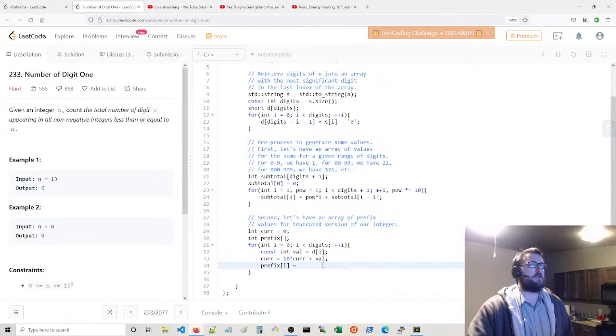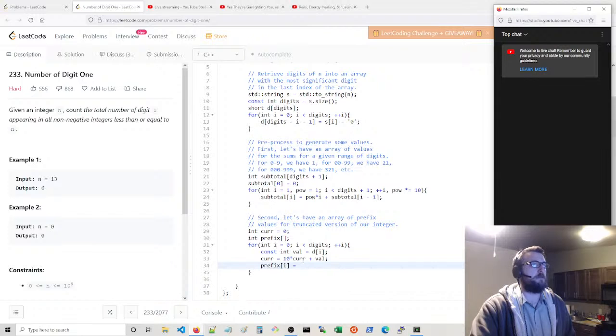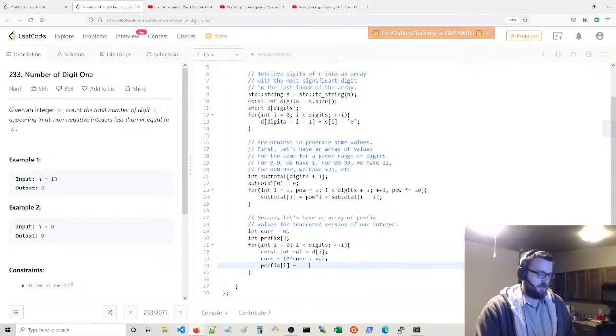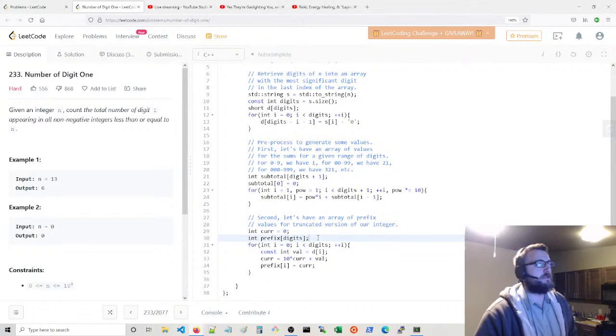Yeah, that's fine, including prefix. This prefix amount will be including. I think this is okay. We could say current. Yeah, so once we get to the last digit, and this will be digits, it'll be the whole number, the whole integer.